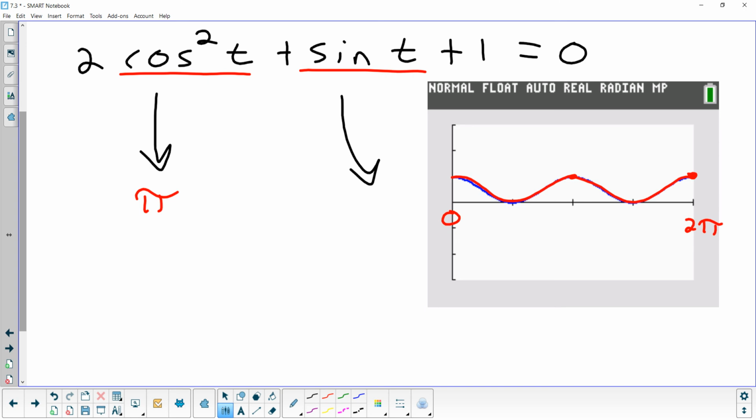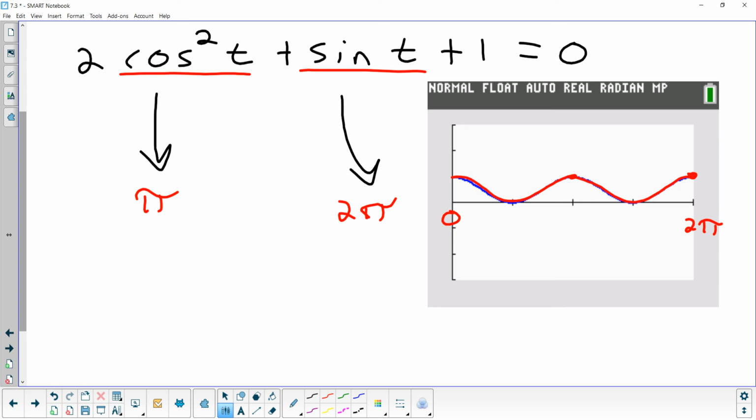Now again, I'm going to give you a formula in a minute to figure that out. But we didn't really need the formula. We could just graph it, look at it, and go from there. How about sine t? That one we shouldn't need to graph. Yep, 2 pi. So the first periodic term is going to repeat every pi units.